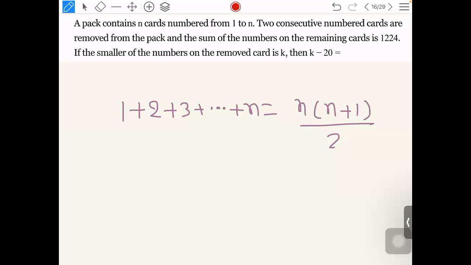So should I solve it or you guys are trying it? Okay, Vikrant, try. I want you guys to solve this.